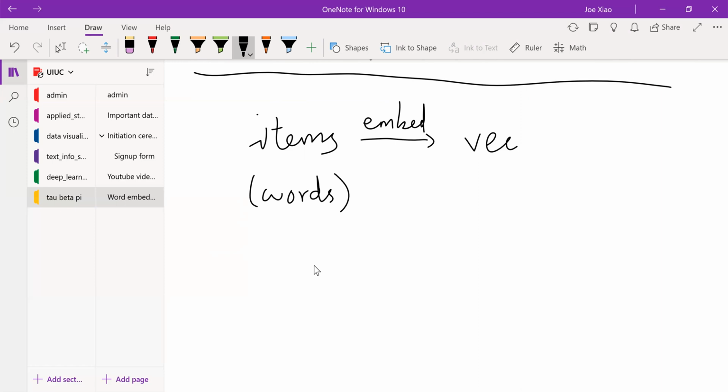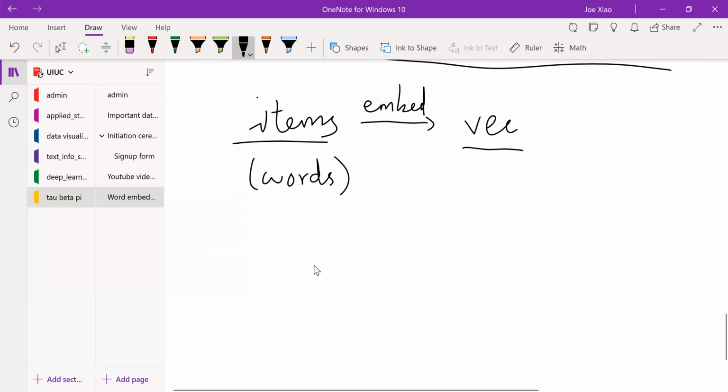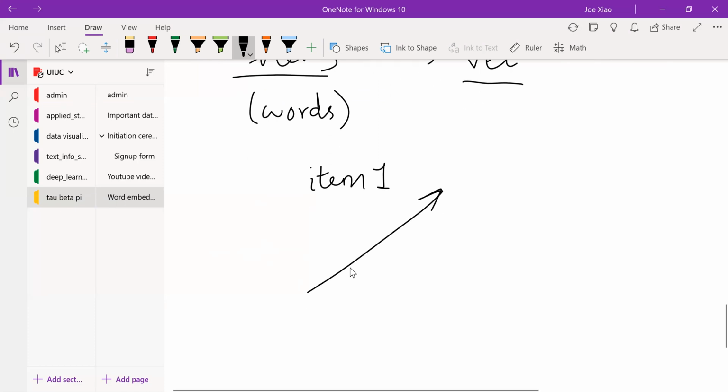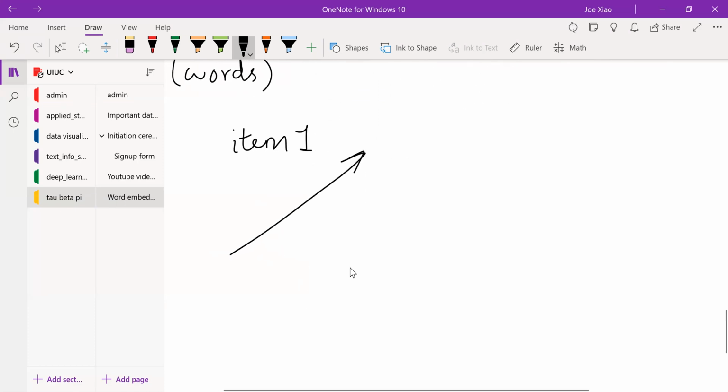Once we can embed items into vectors, then given some item 1, which might have, let's just say in 2D, a vector representation like this, we can find an item 2 that's close to it. And how we measure closeness or similarity is through the vector difference or the distance between vectors.